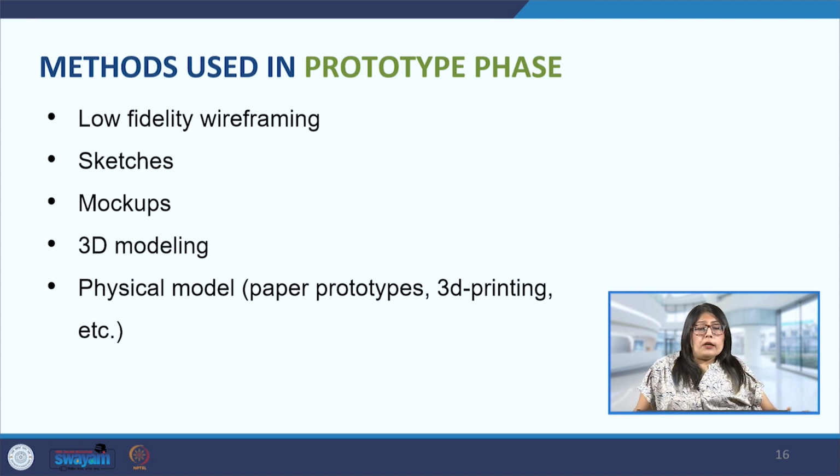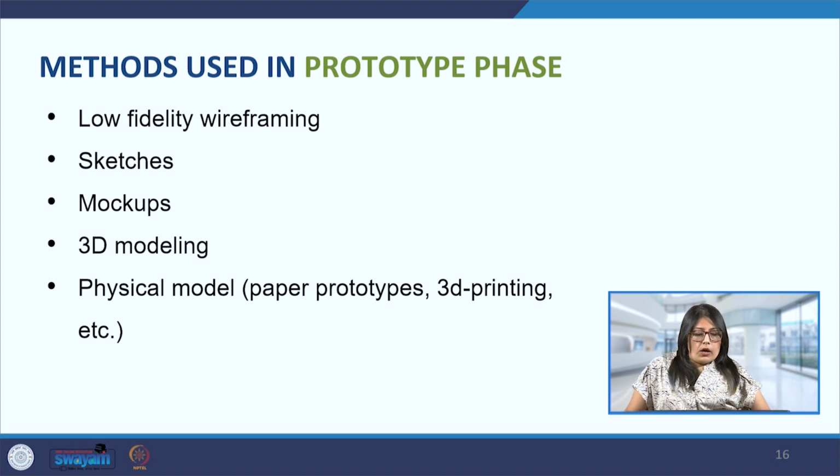Then sketches are hand drawn illustrations, and they capture the initial ideas and concepts. It is a quick process, and they enable the team to see what was in the mind and see it out in front. So it helps communicate the ideas effectively, efficiently and very quickly as well.